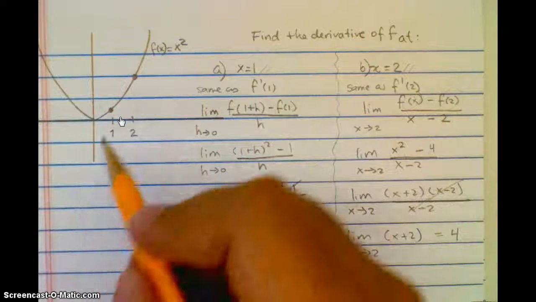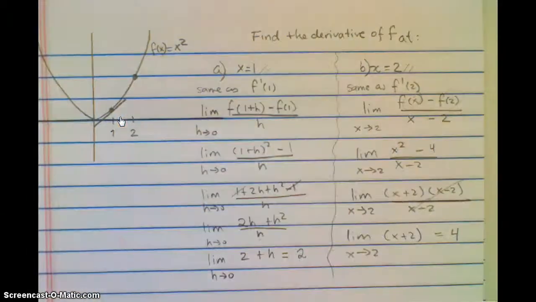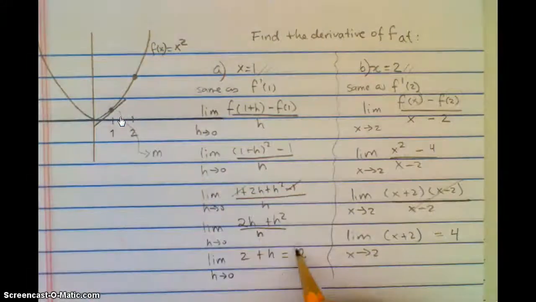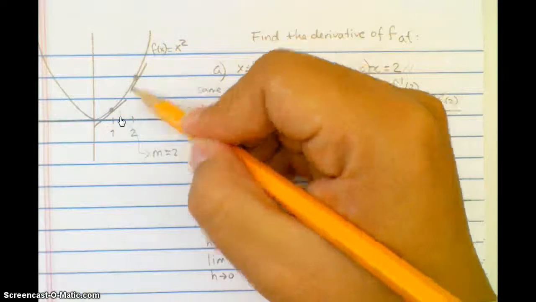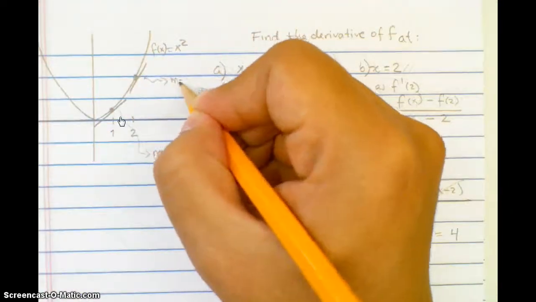So going back to this small graph, the tangent line at 1 looks like this, and this slope is worth, as I said, 2, and the slope at 2 looks like that, and numerically is worth 4.